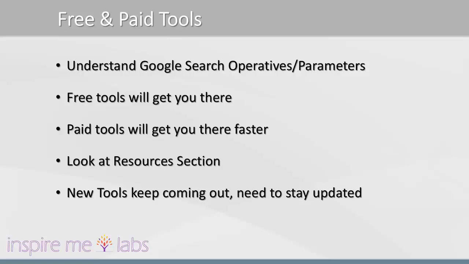So for example, there's a search parameter called allintitle, and I'll show you how to use that. And there are many other parameters, and you need to understand what these search operators are. So you need to understand what's in the engine before you actually start using your tools to try and fix what's in the engine.